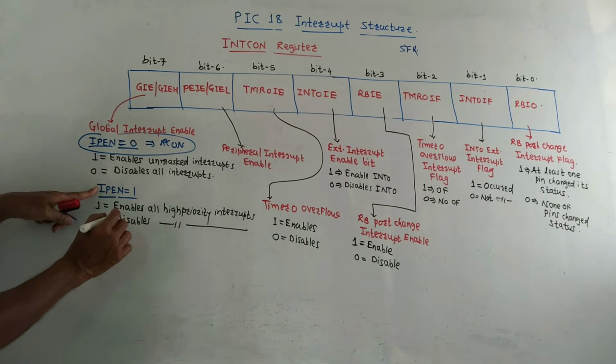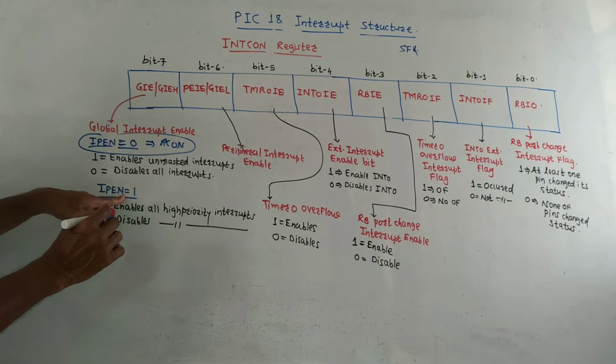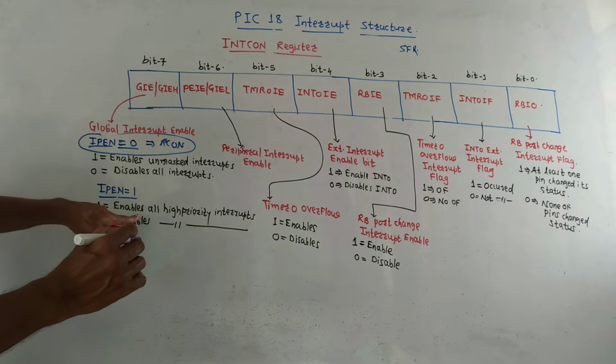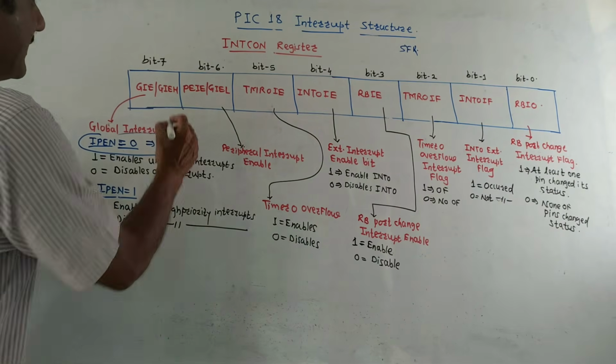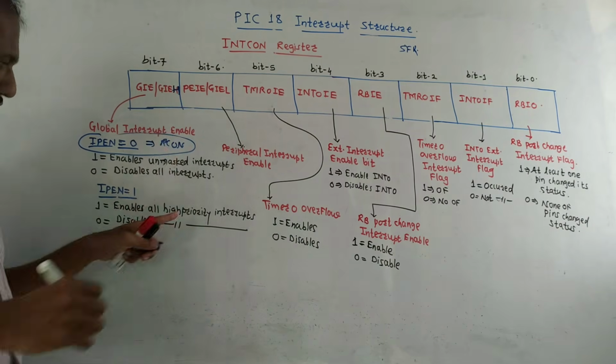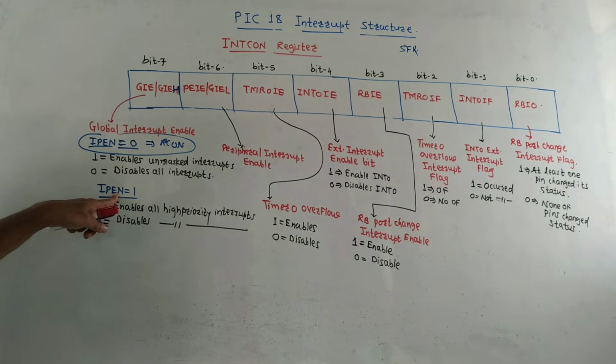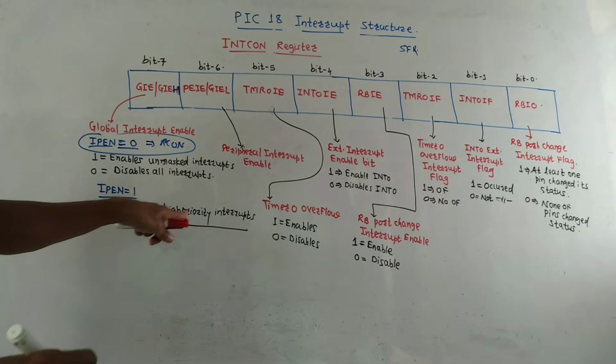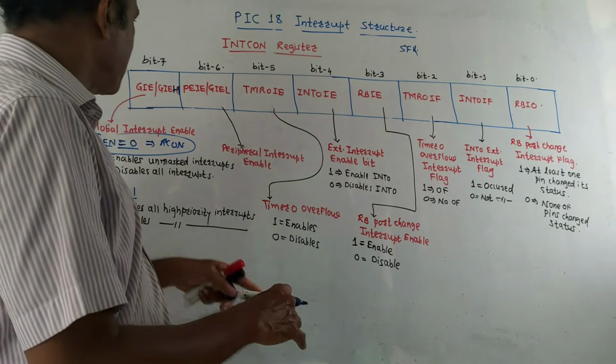Then if this IPEN bit is 1, and if this GIE bit is again 1, it enables all high priority interrupts. That's why this H is there. So whenever IPEN is 1, and if this bit becomes 1, it enables all high priority interrupts, whereas when this is 0, it disables all high priority interrupts.